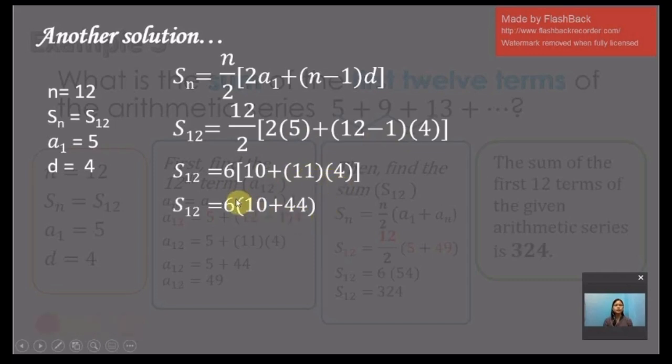Then we have 6 times the quantity of 10 plus 11 times 4, which is 44. Then 6 times 10 plus 44, which is 54. Multiplying 6 and 54, we get 324. So you can use this formula and arrive at the same answer as the first solution.